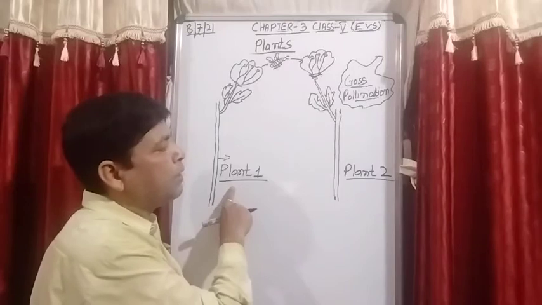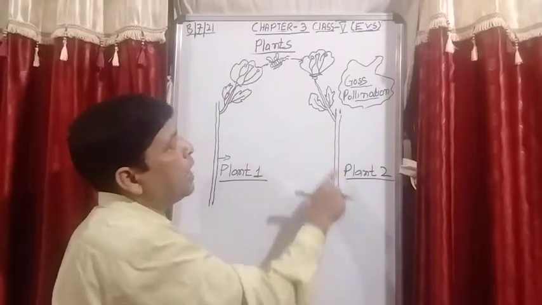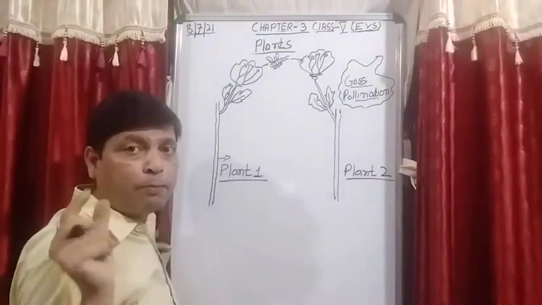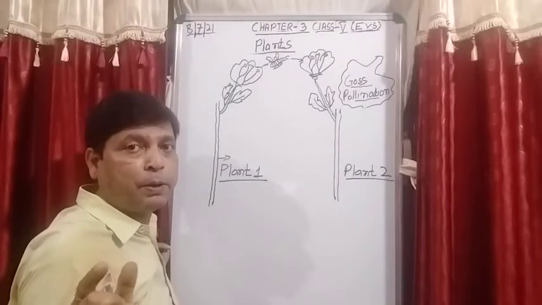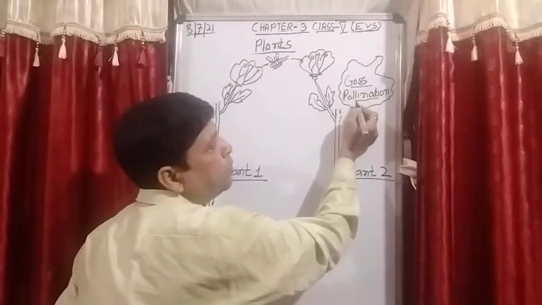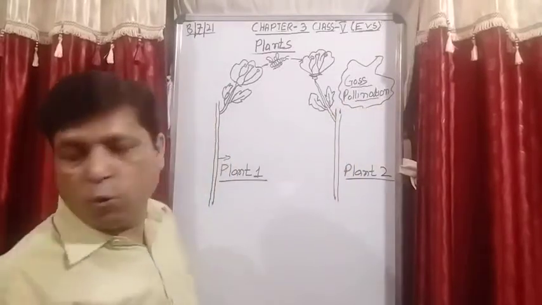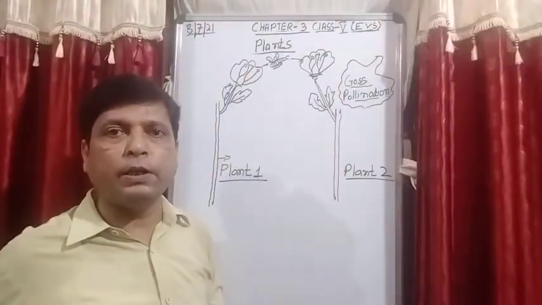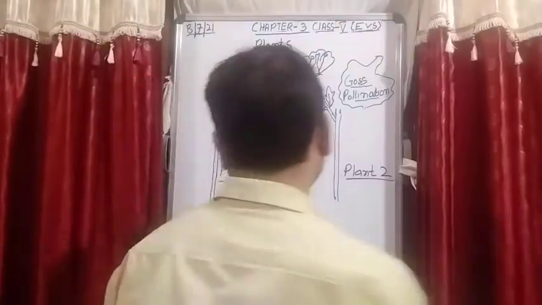This is plant number 1 and this is plant number 2. Now the pollination that will happen, since they are different plants, this pollination is known as cross pollination. I hope you all are able to understand what cross pollination is.